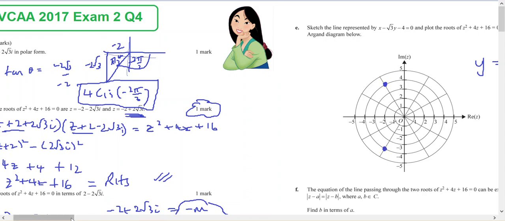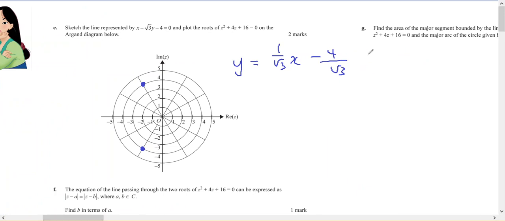And I'm looking for this line, which will be parallel. See, that's got the gradient 1 on root 3. Therefore, I'm looking for the angle to be pi on 6, which is this line here. And I reckon that point's going to be on the line because about 2.3 is about there.